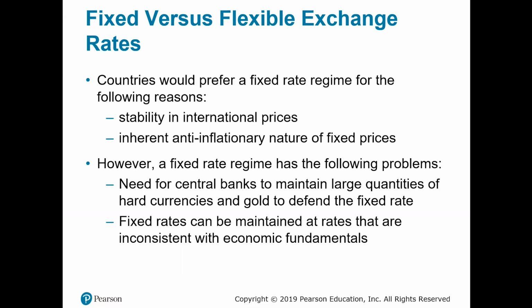But 30 years ago, it was primarily an exporting country. At that time, China could benefit from a weak renminbi or weak yuan. Why? Because a weak yuan gives a competitive advantage to the export industry.